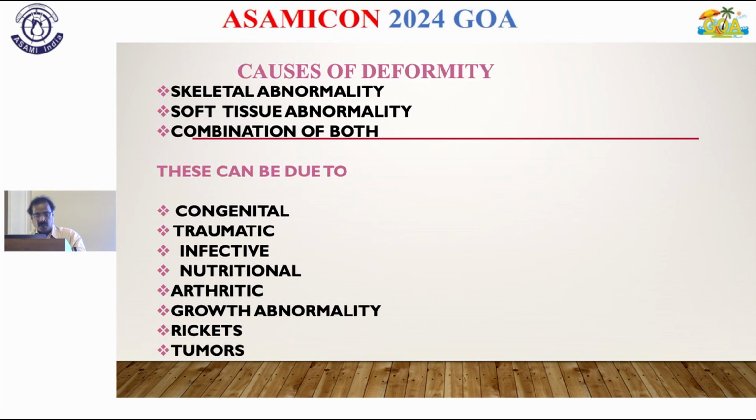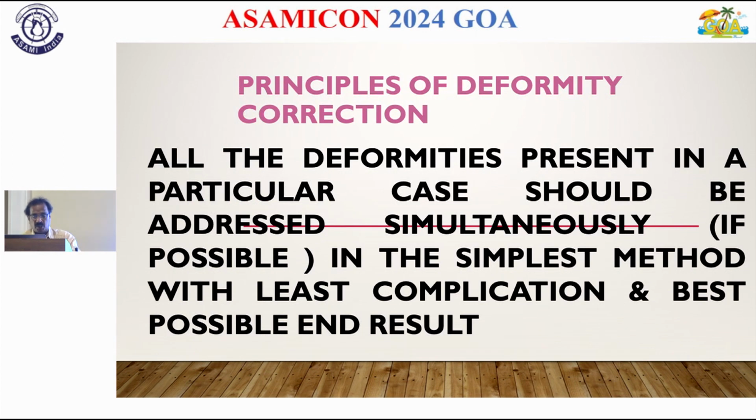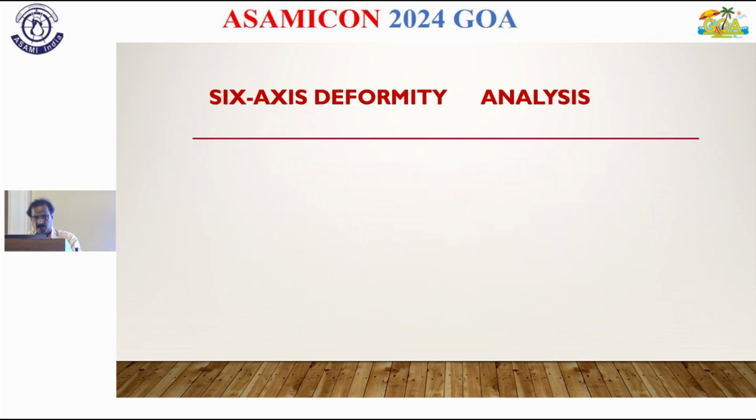So causes are either skeletal abnormalities, soft tissue abnormalities, or a combination of both. Causes are congenital, traumatic, infective, nutritional, arthritic, growth abnormality, rickets, and tumors also. So the principle is that all the deformities present in a particular case should be addressed simultaneously if possible, in the simplest method with least complication and best possible end result.